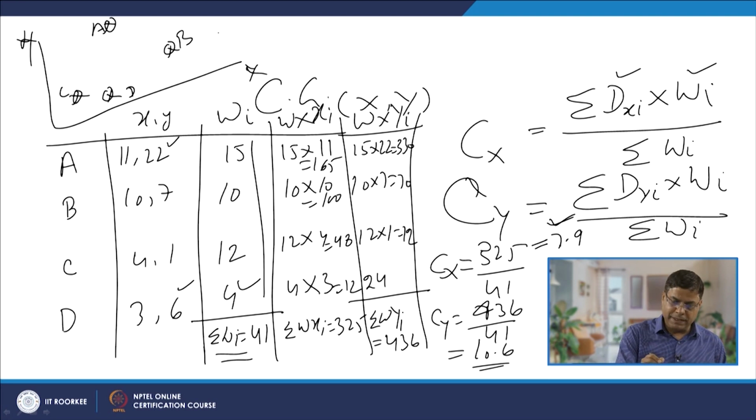So, considering the weight and the distances to be travelled, the CG is coming 7.9 on the x coordinate, and on the y coordinate it is coming 10.6. So, let us say that point is coming here.